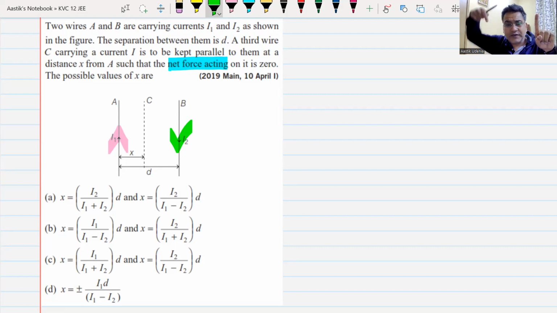Will it be zero between the two wires, or will it be zero at points outside the two wires? That means, can the field be zero in this yellow zone, or will the field be zero outside this yellow zone? This yellow zone is the inside part, the other one is the outside part. Where is the field going to be zero?